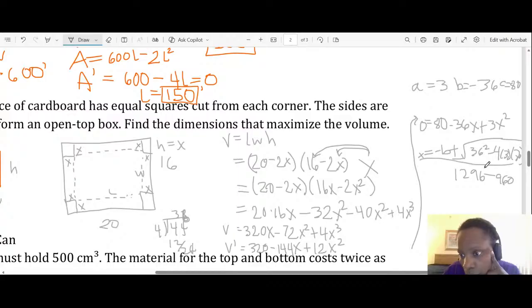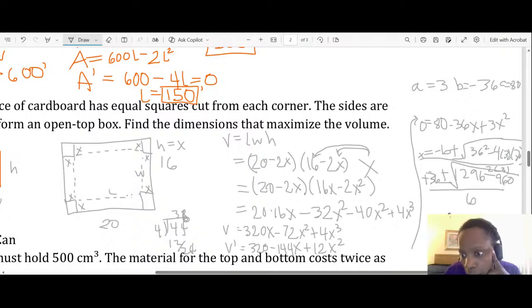We're going to divide by 2 times 3. We're going to divide by 6. So we're going to take the square root of that, plus or minus, positive 36 and divide by 6. Okay.